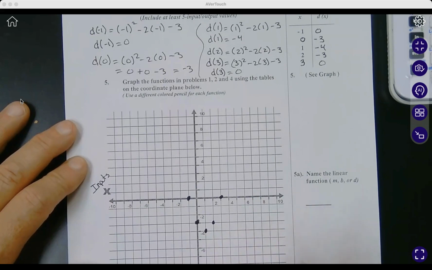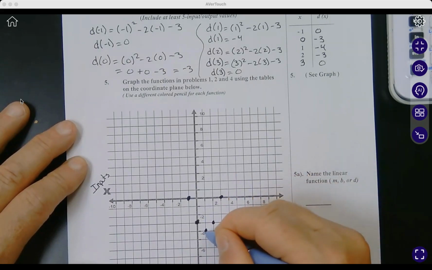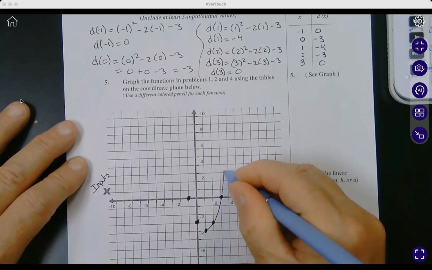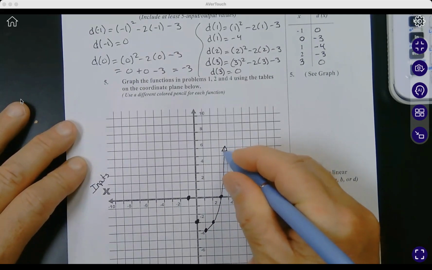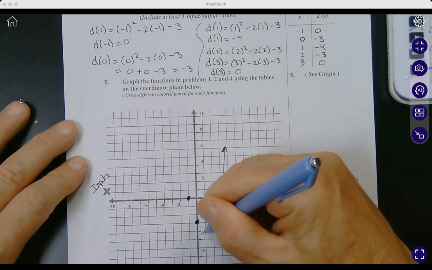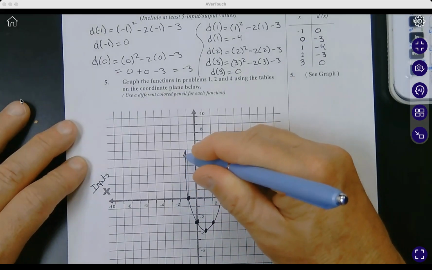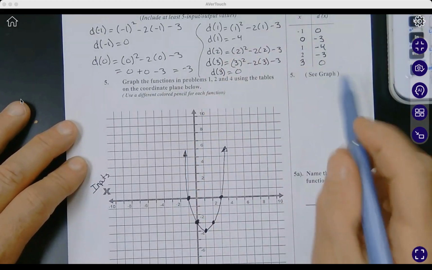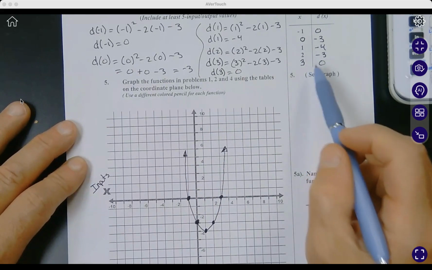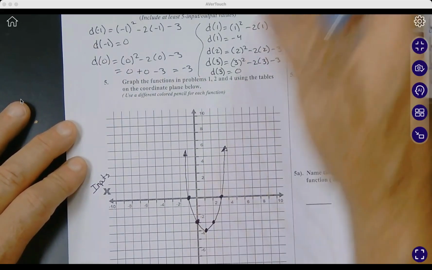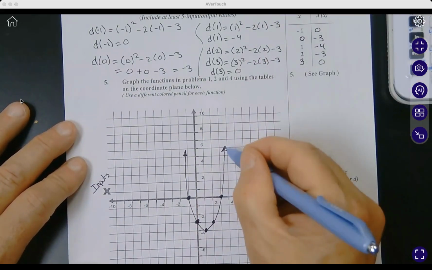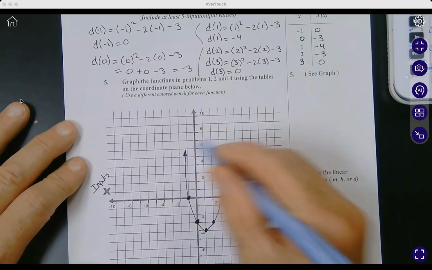I'm looking at the pattern, and that's what mathematics is about, finding that pattern. And the pattern is this bowl shape, and it goes up forever. I know that we only plotted 5 points, but there's an infinite number of points I can put in from this function. I can put in 4, 5, 6, 7, 8, so I got to keep going. So I tell the reader that this graph goes on forever.